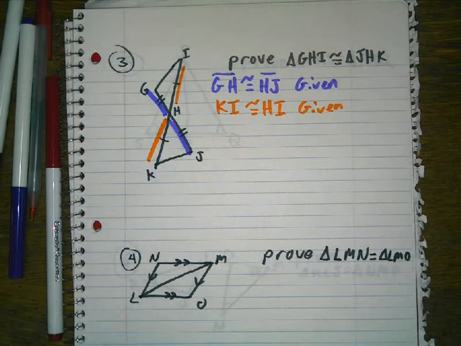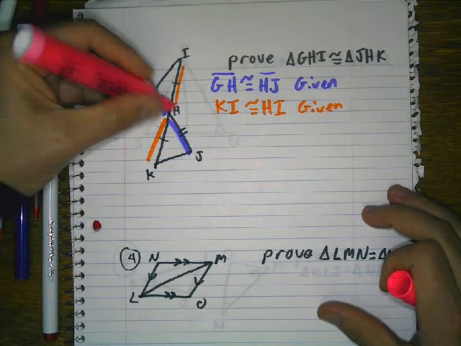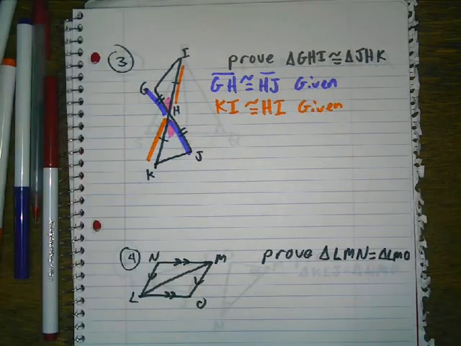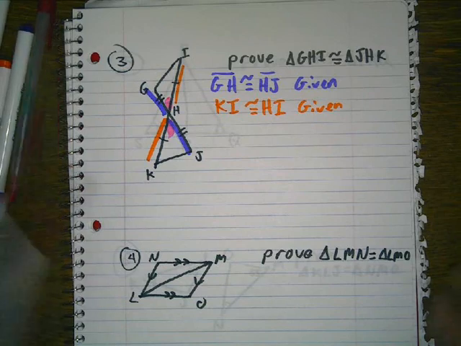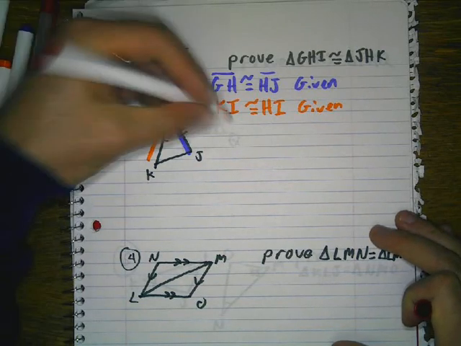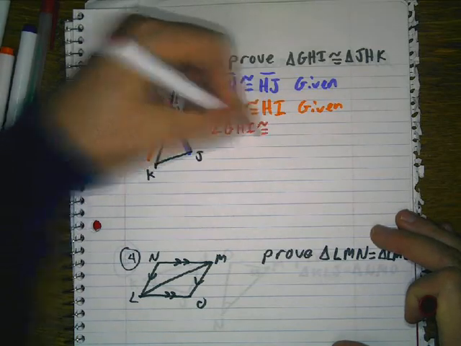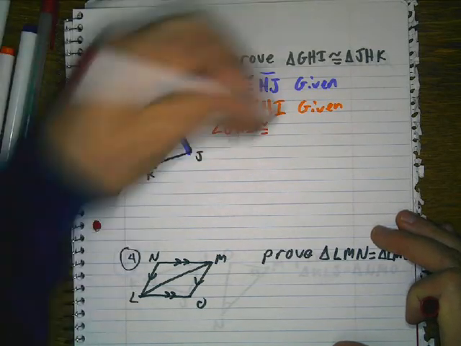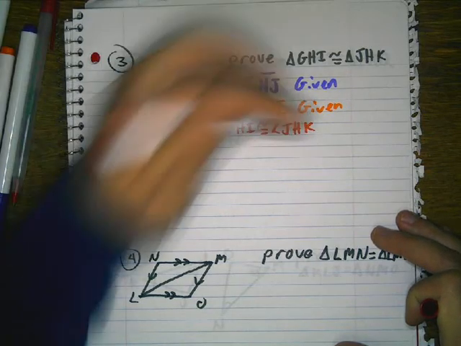And then lastly, this angle is vertical angles, so you can say that those pink ones are congruent. I can't just call it angle H though. I've got to say angle GHI is congruent to angle JHK. And that's because of vertical angles.